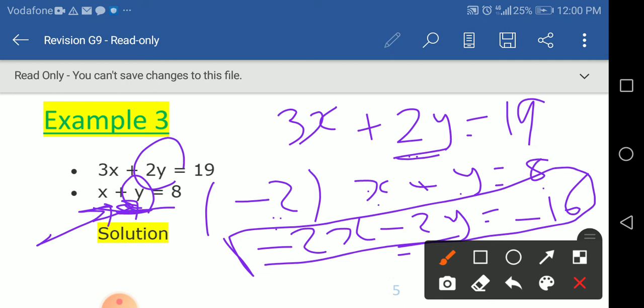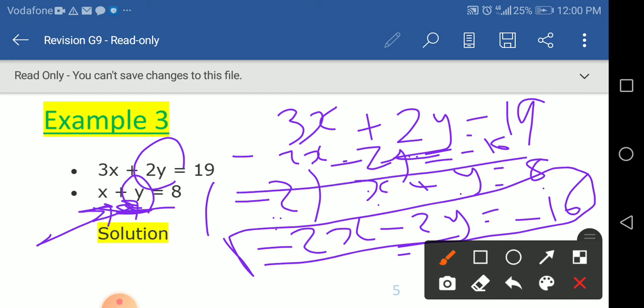So I will write it here: negative 2x minus 2y equals negative 16. Let's solve this. Just a moment to erase it. Then how can I solve it? It's very easy.